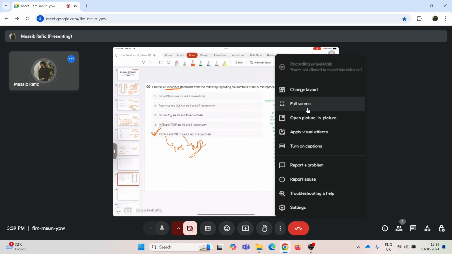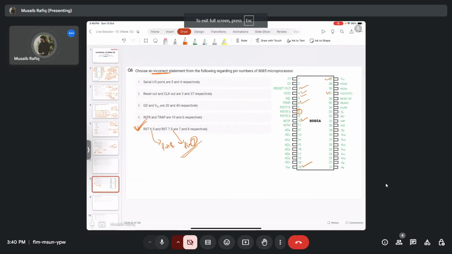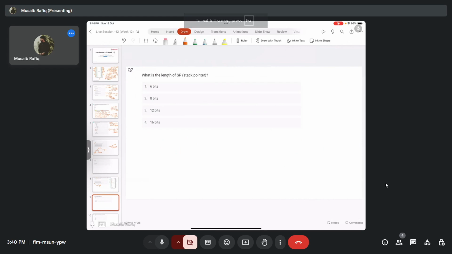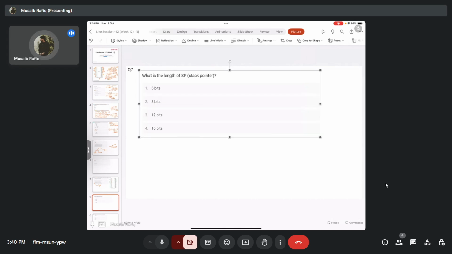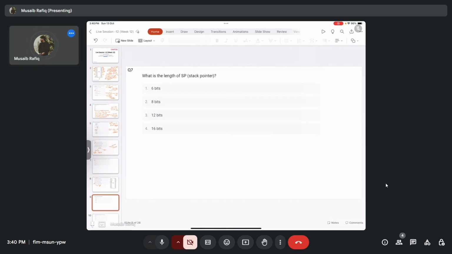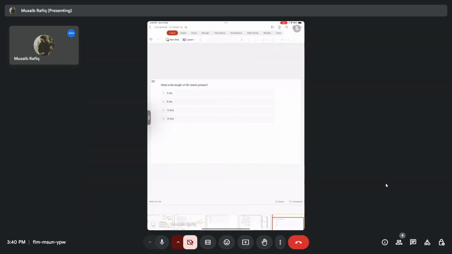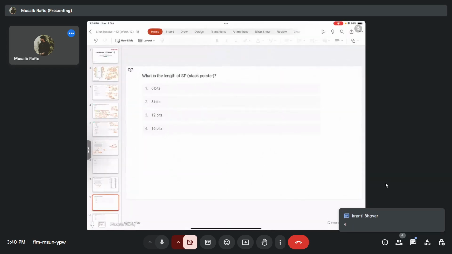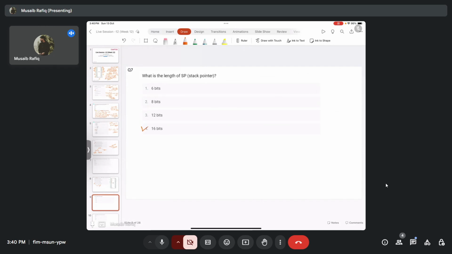Now we can go to question number 7 of today's live session. It states, what is the length of 8085 stack pointer? It's 16 bits.